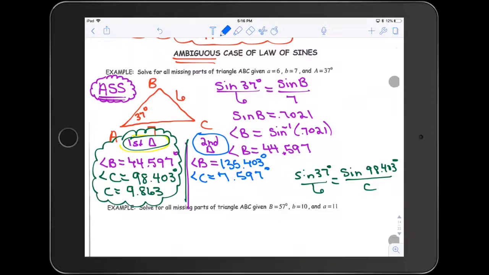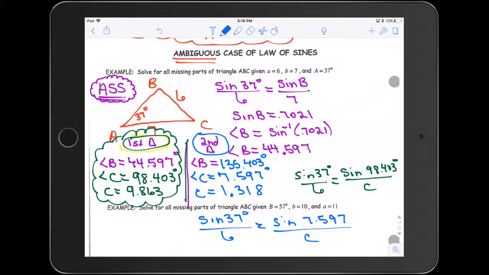When you do your law of sines again, the only difference with the setup is going to be, instead of using the 98.403, you're going to use the 7.597. So you're really solving the problem twice. Cross multiplying, and you'll get your length of 1.318.